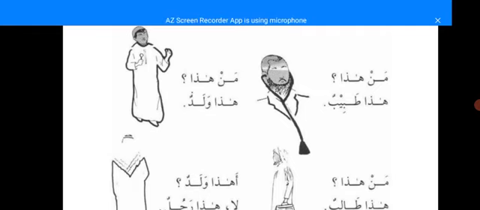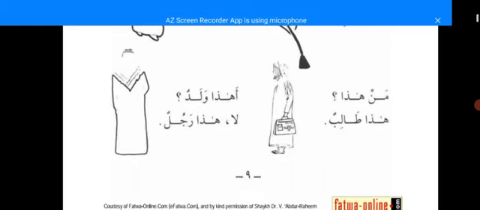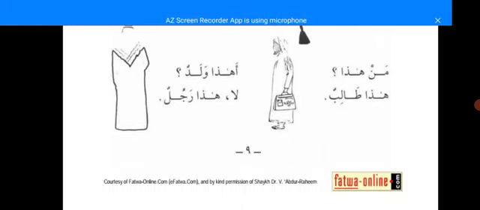Who is this? So waladun is what we use for a boy. Say hadha waladun. This is a boy. Man hadha. Who is this? You see the image of somebody holding a bag, like a student. I think the person is a student. What's the Arabic word for student? You say talibun. Therefore, you say hadha talibun.